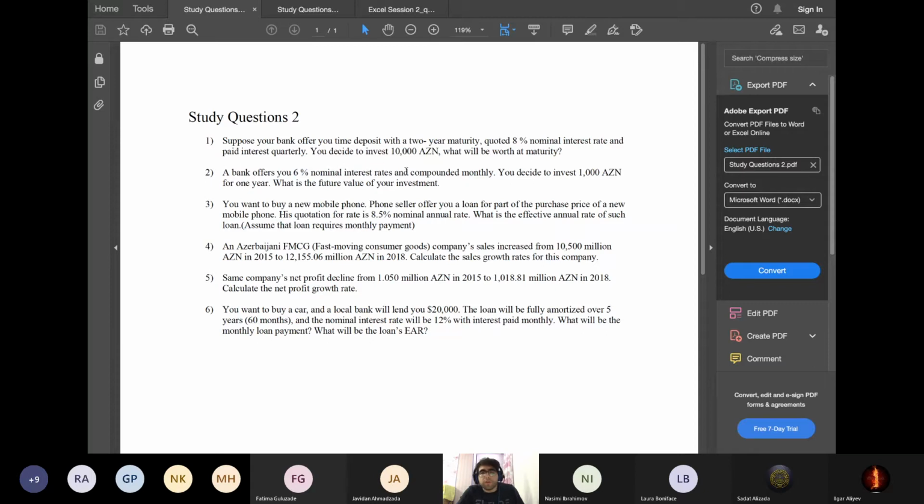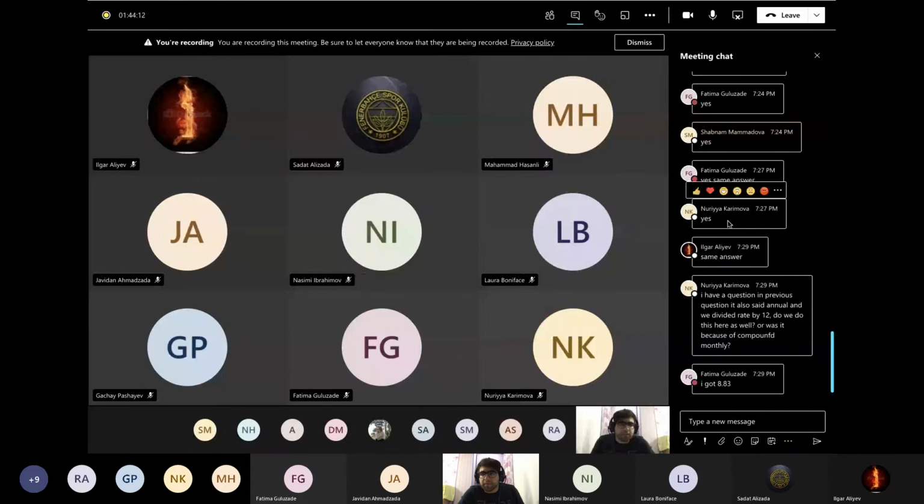Nominal means annual, and compounded monthly. So simply you divide by 12 in order to find the interest rate for a month, and number of periods is 1 year, but it is compounded monthly, so you multiply 1 by 12 periods. That's it.